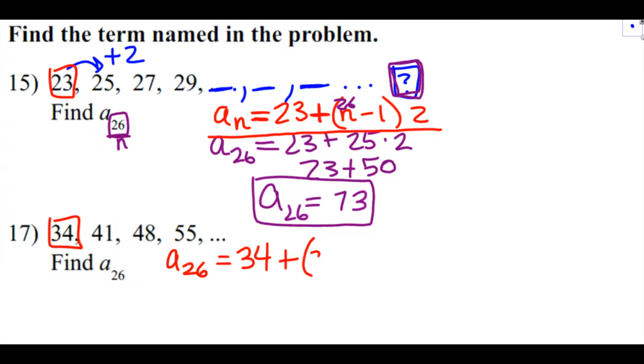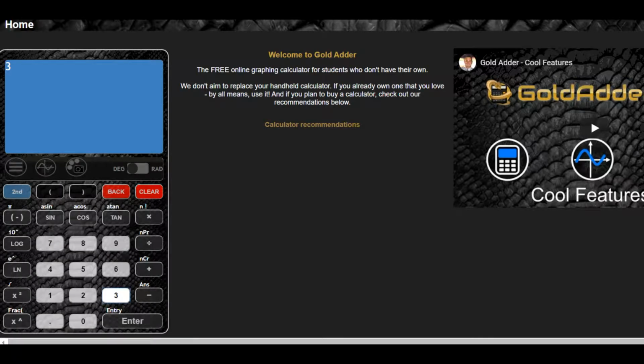If n is 26, we can go ahead and say that's 25 if we want, times that d number. So the d number is how you get from here to here to here to here to here to here. It looks like plus 7. That d number would be 7. So we have 34 plus, think about a bushel of apples.